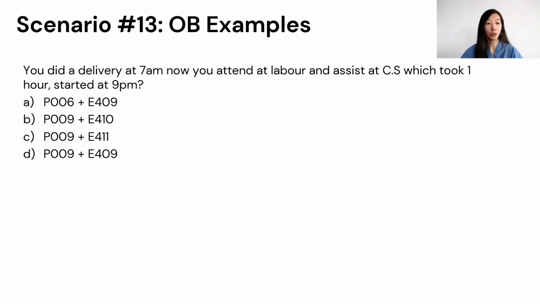Another OB example. So you did a delivery at 7 a.m. and now you attend a labor and assist at a C-section, which took 1 hour, and that started at 9 p.m. What would you bill? So this is the answer. So it's D, P009 plus E409.